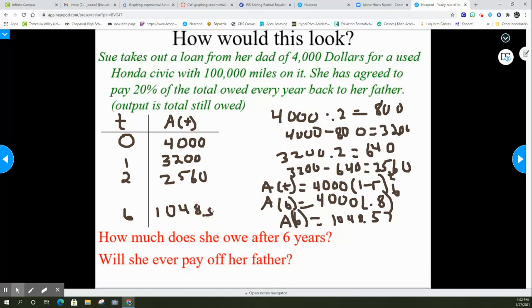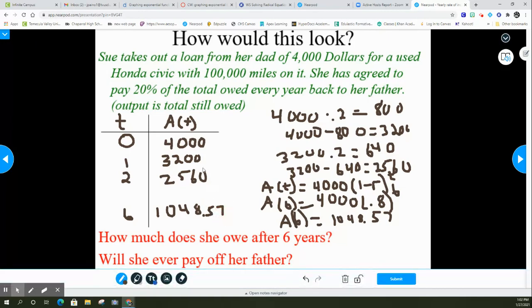And so that's how much she still owes her dad after 6 years. So every year she's paying back less and less because the amount owed is less. So 20% on less is less. So she structured it where she's paying most of the loan back early on, and then a little bit left.